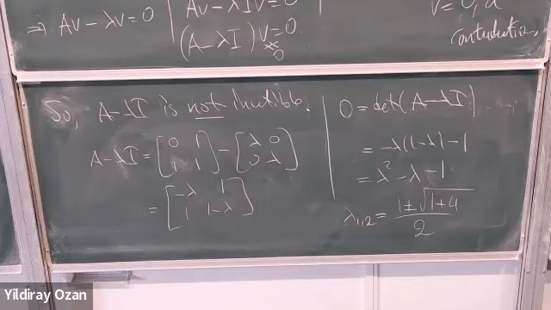It's called an eigenvector of A hat if the following happens, if A hat times v is just lambda times v for some lambda in K.